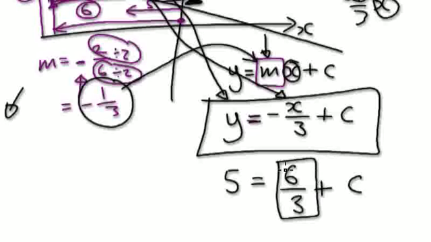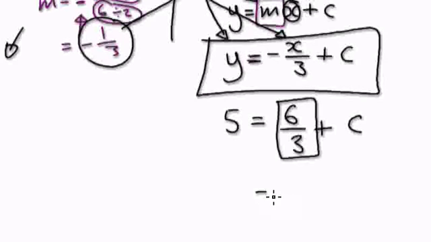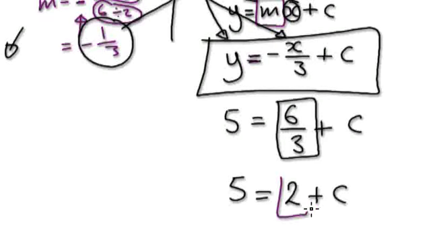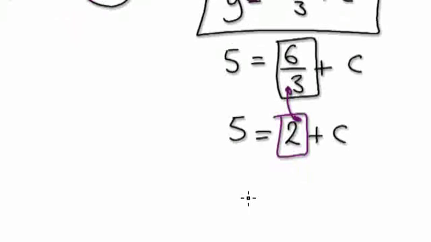Now we can simplify this: 6 divided by 3 turns out to be a whole number, 2. So this box is the same as this box. Now just take away 2 from both sides, so the intercept is actually 3.